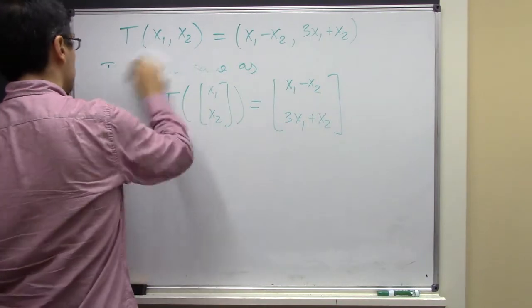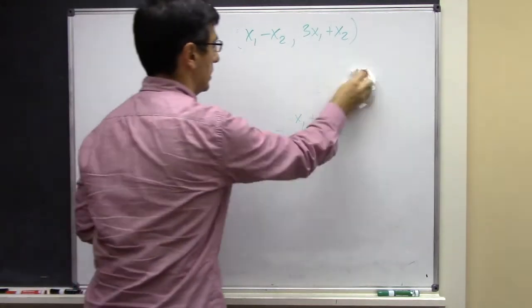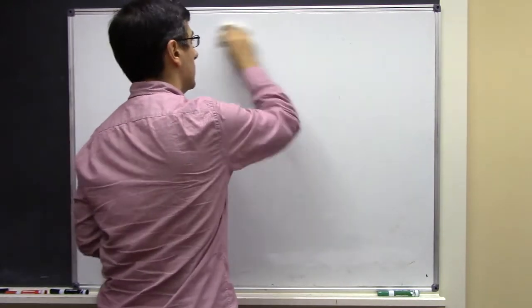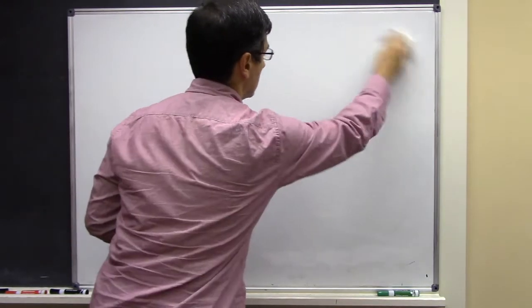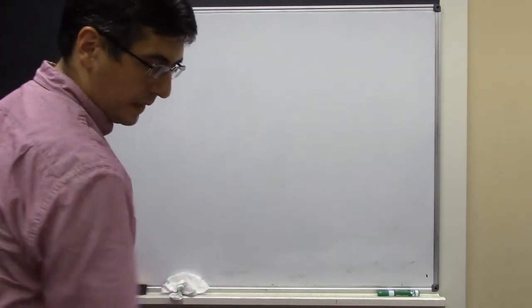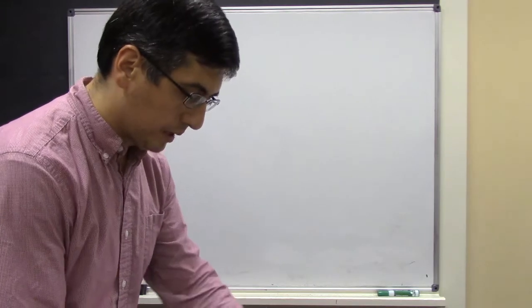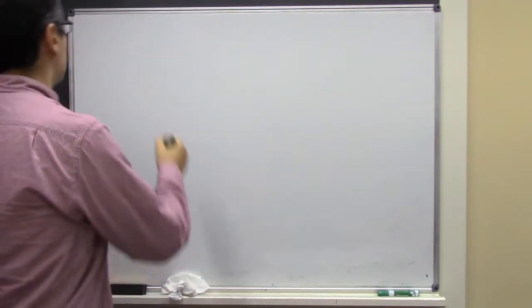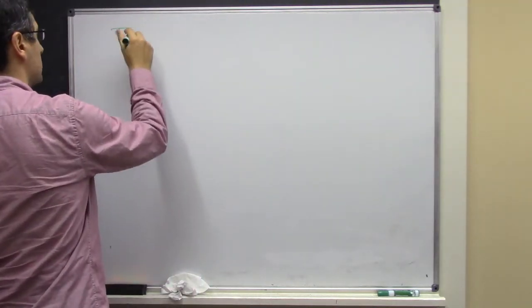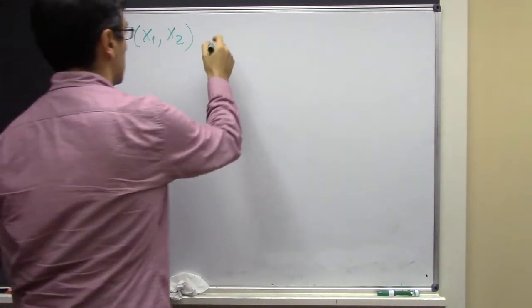So using this notation, just to get used to it, it's more convenient, again, because it just involves one line and it looks like a function. So you might be asked to determine if certain transformations are linear or not.